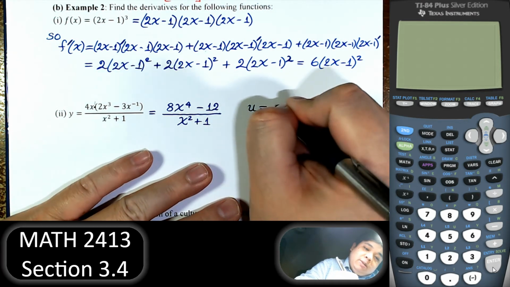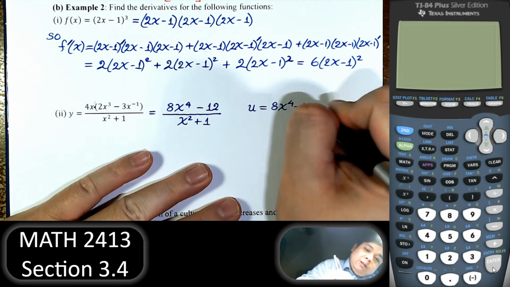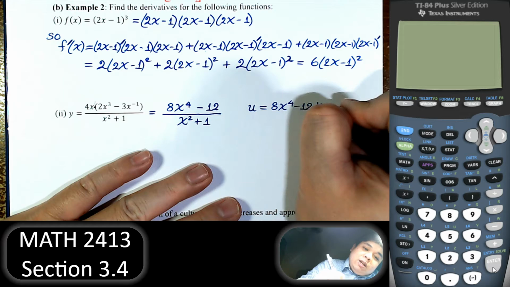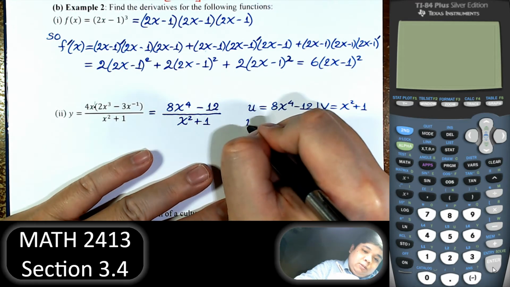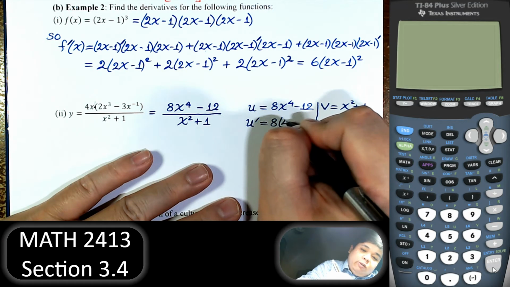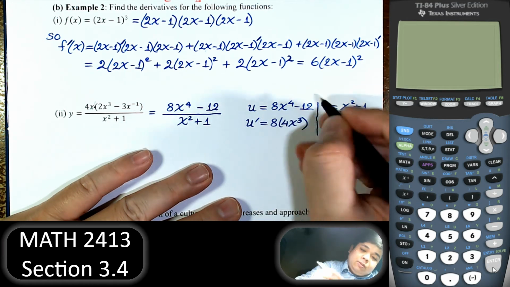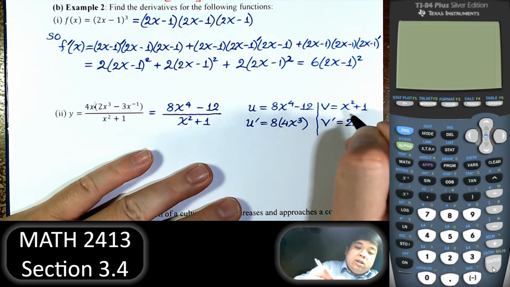u is the top. v is the bottom. The derivative of that, x to the 4th, is 4x cubed. The derivative of x squared plus 1 is 2x.